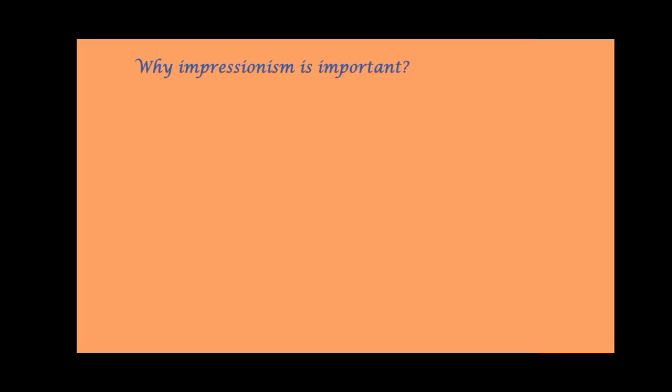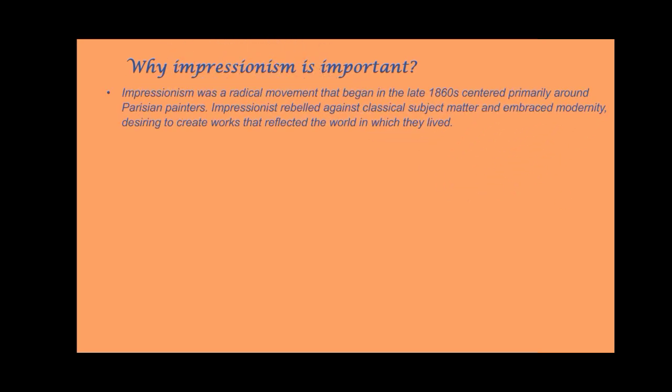Then, why is Impressionism important? Impressionism was a radical movement that began in the late 1860s, centered primarily around Parisian painters. Impressionists rebelled against classical subject matter and embraced modernity, desiring to create works that reflected the world in which they lived.